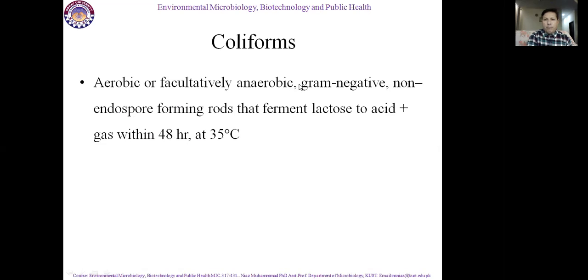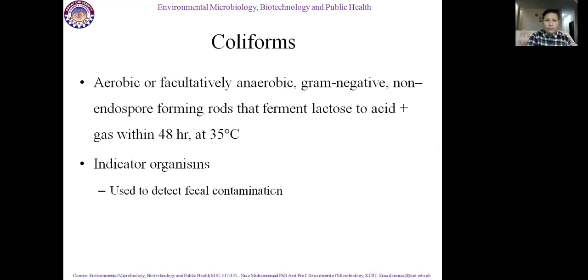This G must be capital because it is the name of a scientist. And these are indicator organisms. Coliforms are indicator organisms used to detect fecal contamination. And sometimes we just do the MPN test, the most probable number test, to check for coliforms in water.